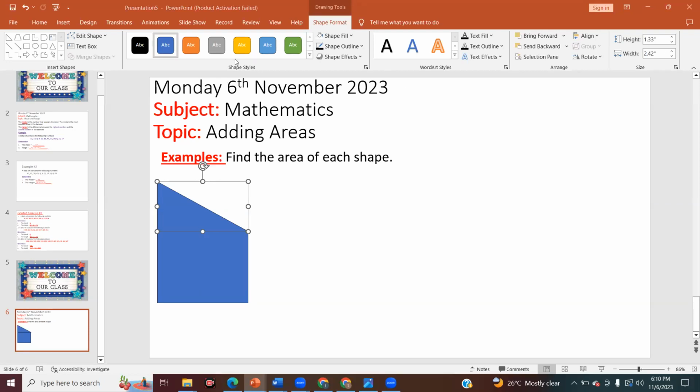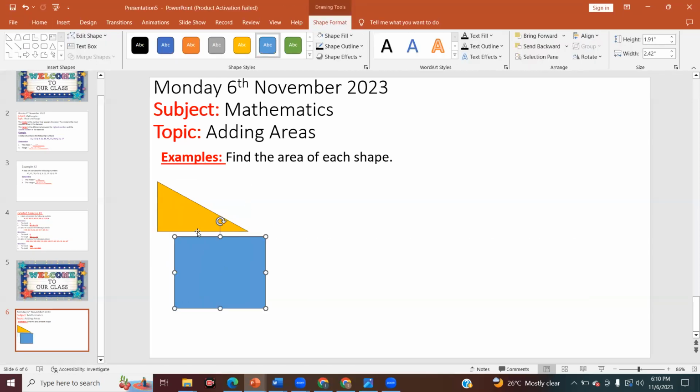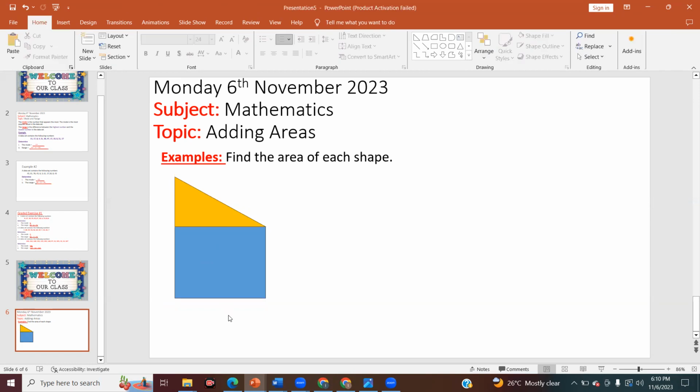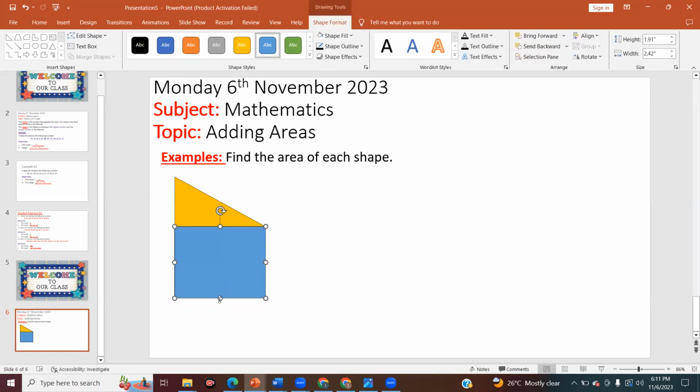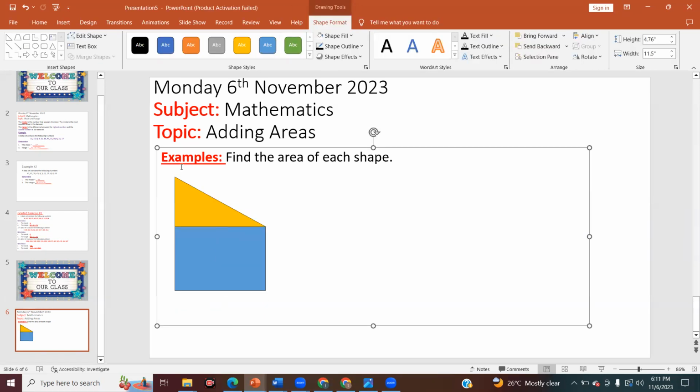So let's say we have a yellow triangle on top. And let's put some numbers on this, right? I think we only could do 2 per slide.